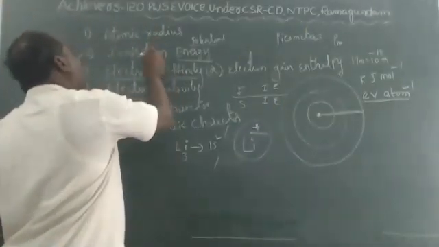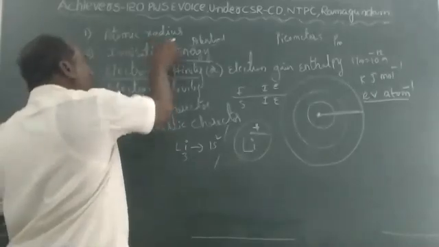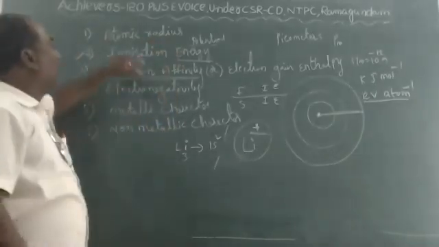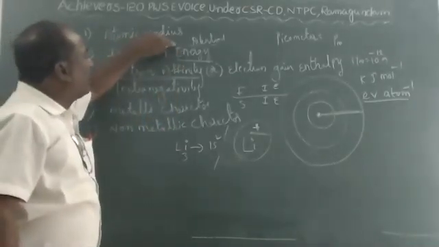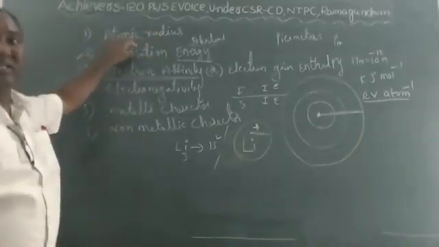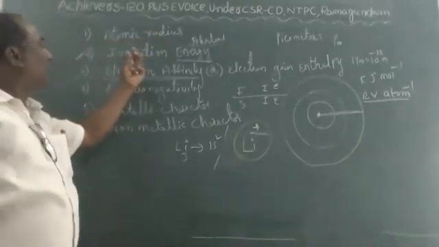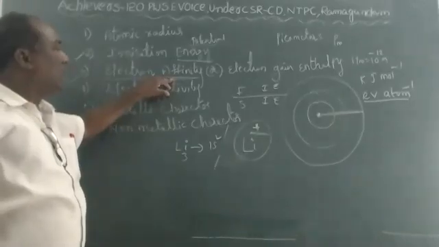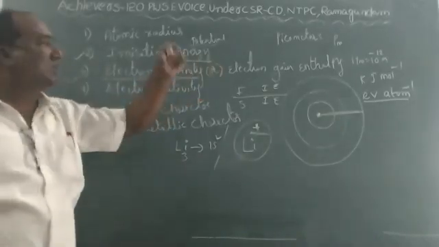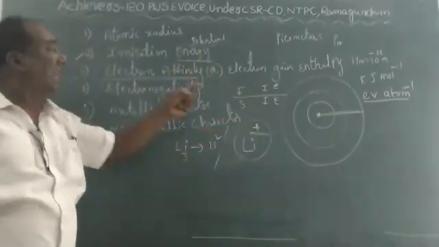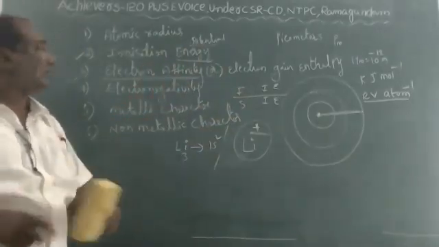It is similar to ionization energy, but there, energy is required to remove an electron. When we add an electron, how much energy is liberated? That is called electron affinity or electron gain enthalpy.